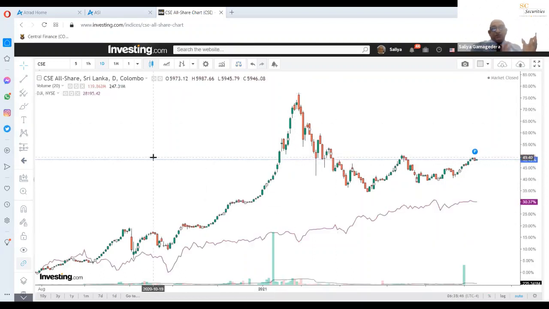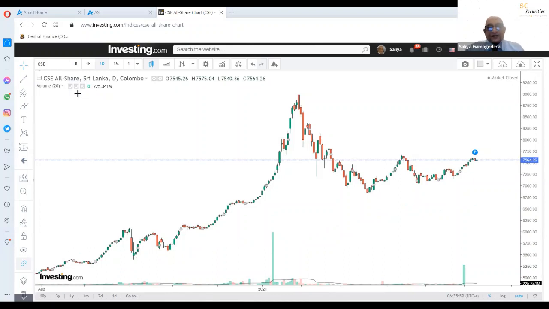That's the difference between using the ATRAD chart and investing.com, because investing.com is covering all the capital markets in the world. Therefore, you can compare any of them along with whatever instruments you are interested in.